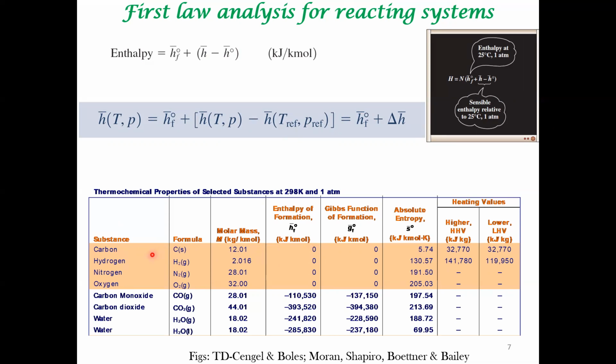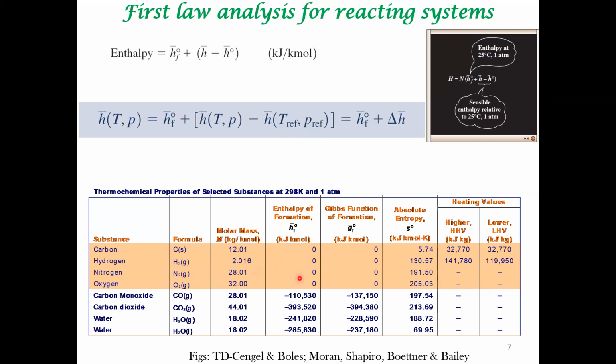Hydrogen, even though it is not present in the elemental form, because in the most stable state it is always present as hydrogen gas, is given a value 0. If you talk about hydrogen in the monoatomic state, that will have a positive value because that is less stable compared to H2 gas.